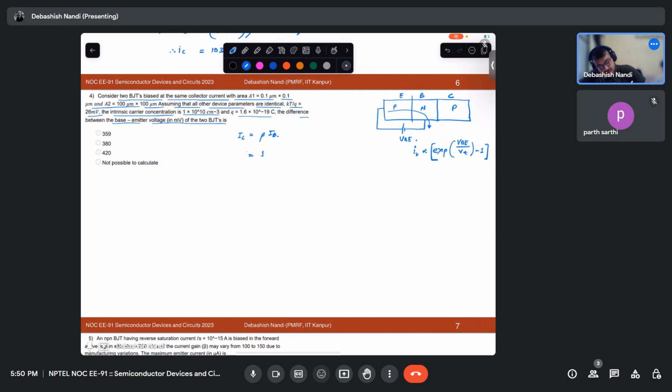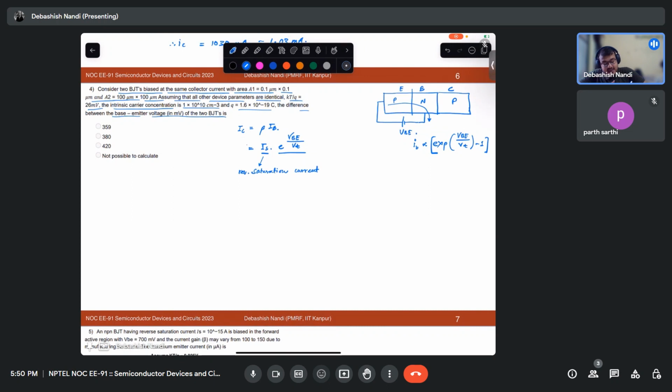So we generally write IC as IS times e raised to VBE over VT. This IS is called reverse saturation current. It is just a PN junction formulation, okay? So your IC will be IS times e raised to VBE over VT, this is the convention.